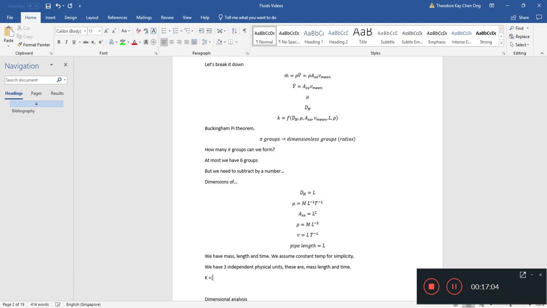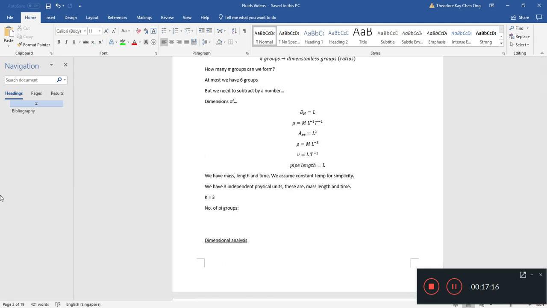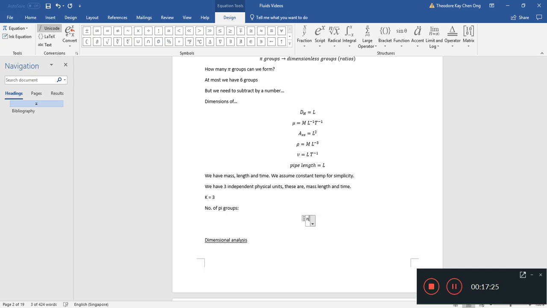So k equals 3 in this case. How many pi groups can we form? The number of pi groups we can form, or the dimensionless ratios, is 6 minus 3, which equals 3. So we have 3 dimensionless groups that we can form.